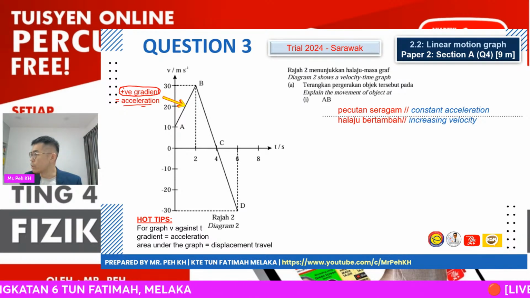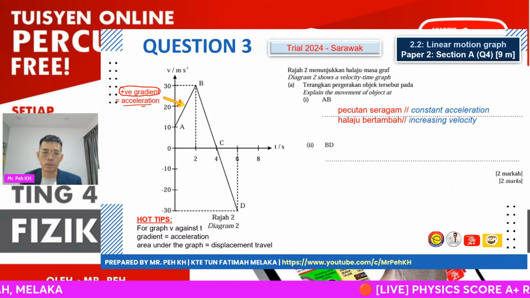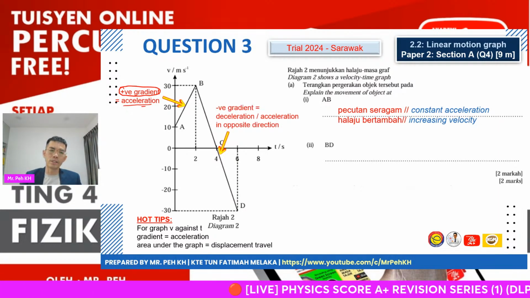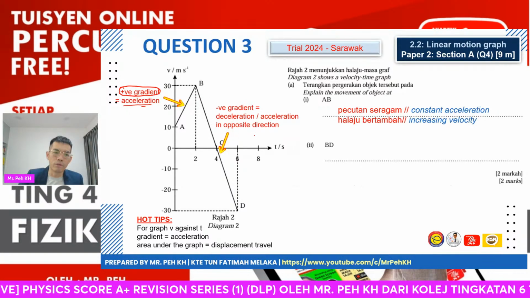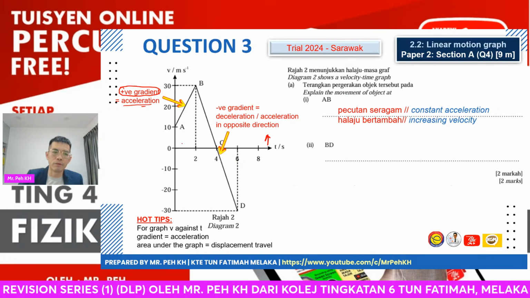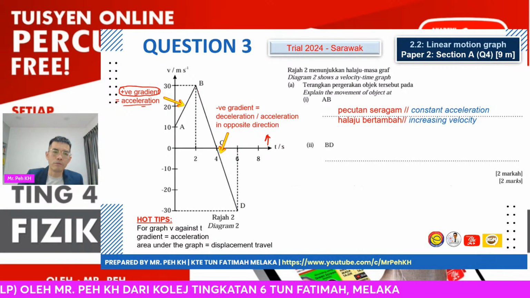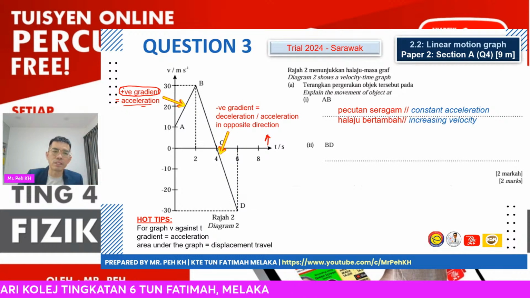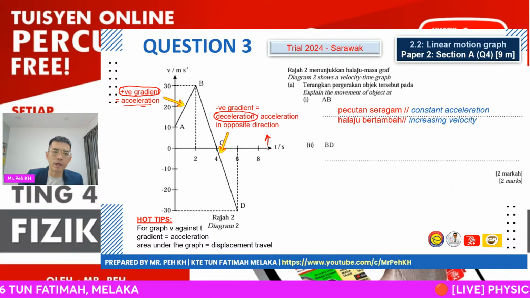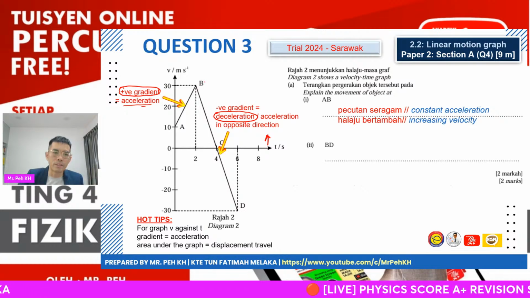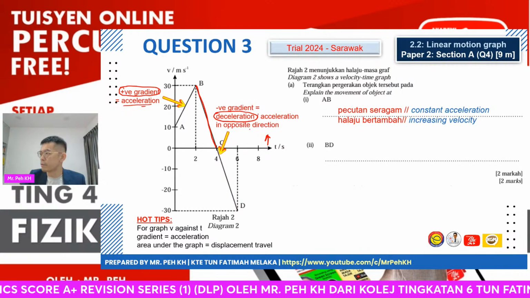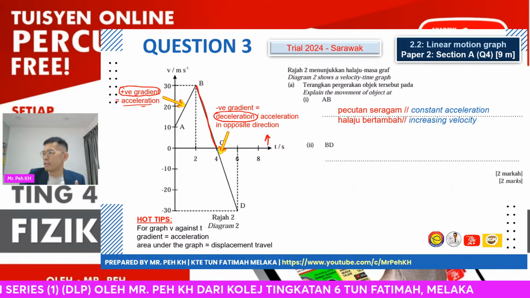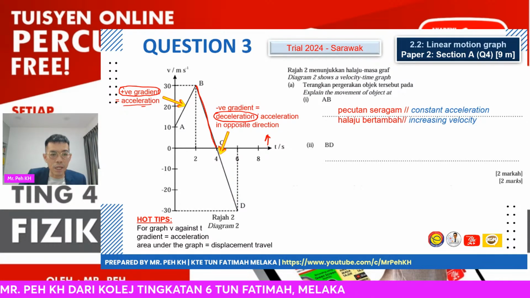Okay, so then BD. You can see here BD shows us a negative gradient. Here you can see we have 2 different parts. For the part above the axis, both are given a negative gradient. So the negative gradient tells you that at the graph above 0, in B and BC here, the acceleration is negative and the velocity actually decreases from 30 until 0.